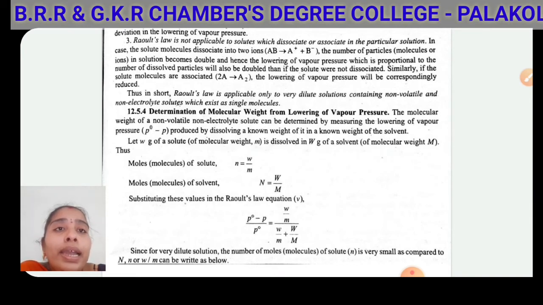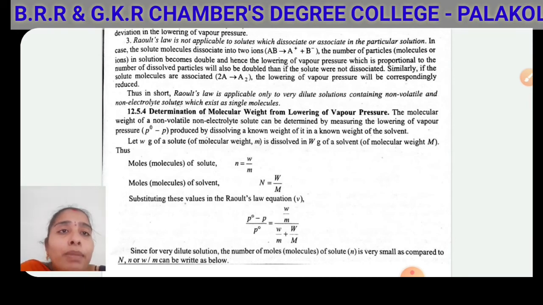The molecular weight of a non-volatile, non-electrolyte solute can be determined by measuring the lowering of vapor pressure, P0 minus P, produced by dissolving a known weight of solute in the solvent.